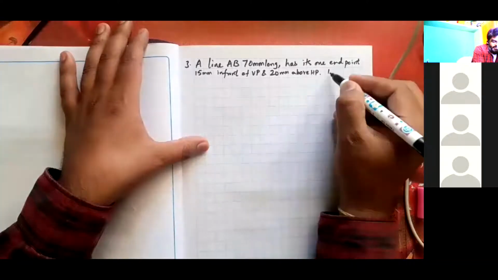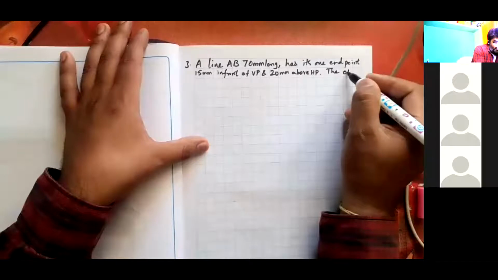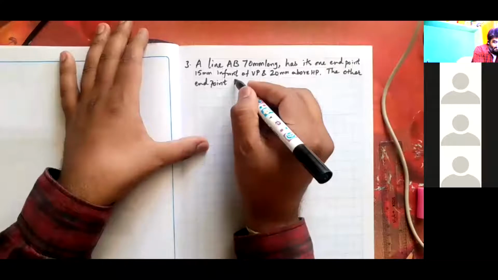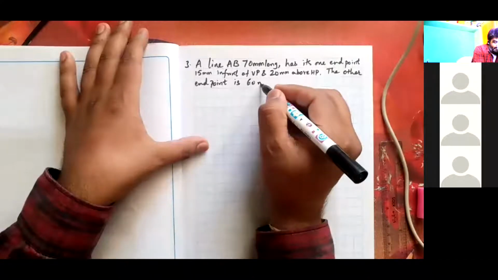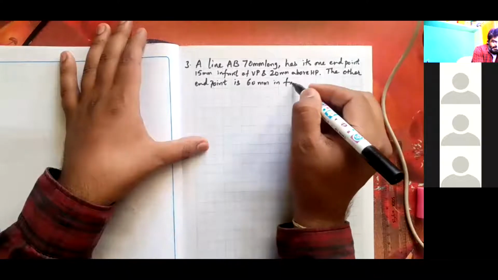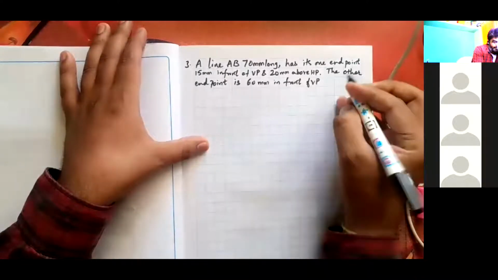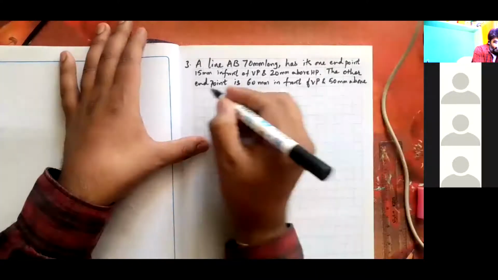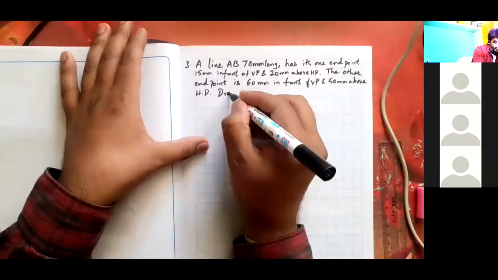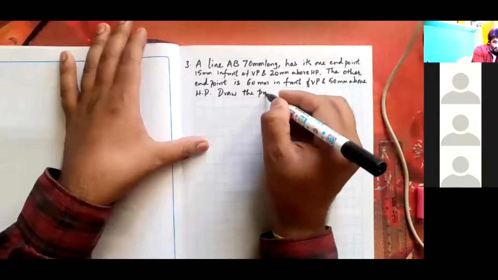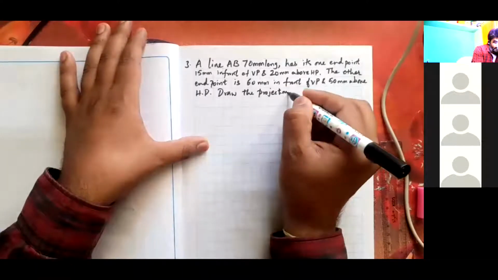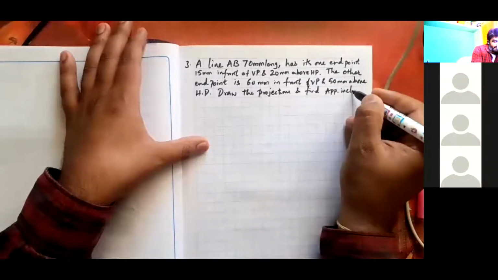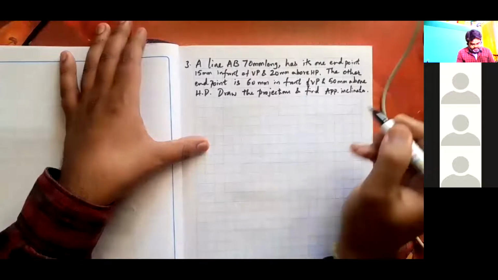The other endpoint is 60 mm in front of VP and 50 mm above HP. Draw the projections and find apparent inclinations.